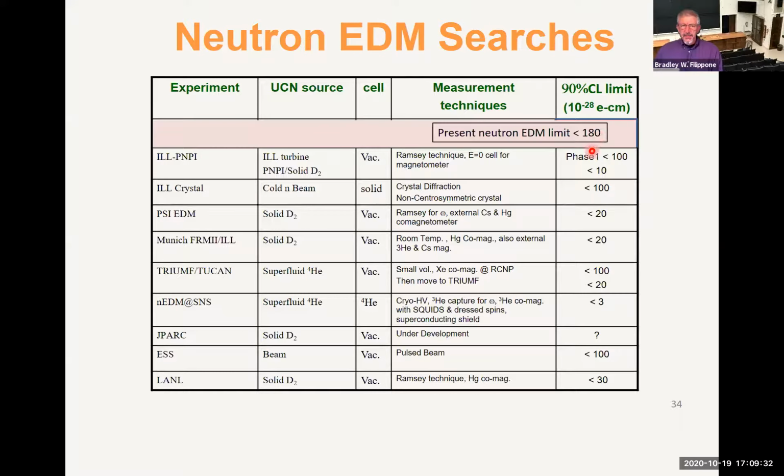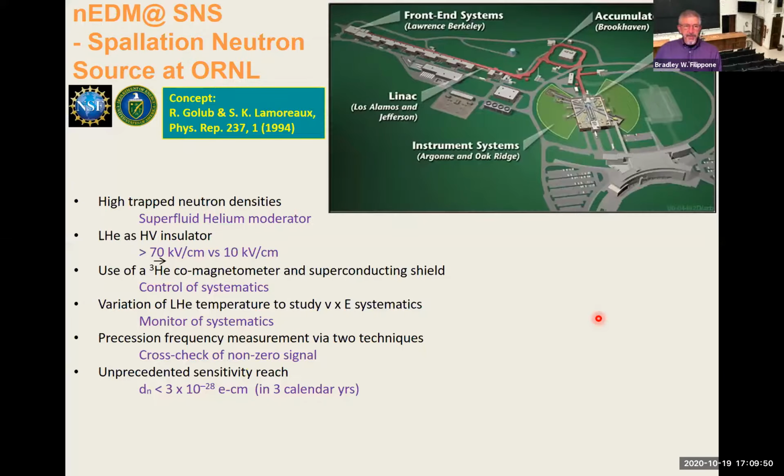In those units, this is the level of sensitivity for future experiments. And I will talk about this one here, which is less than 3 in those units, the smallest uncertainty, which is our nEDM at SNS experiment. So I will discuss that briefly and then wrap up.